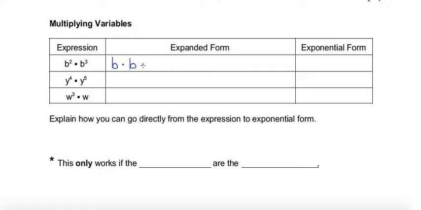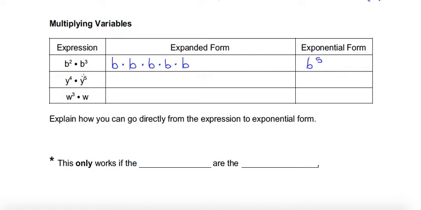That's the same as b times b times b. So I'm multiplying b squared in expanded form by b cubed in expanded form. What that shows us is that I have 5 b's being multiplied together. So in exponential form, this simplifies to b to the exponent 5.